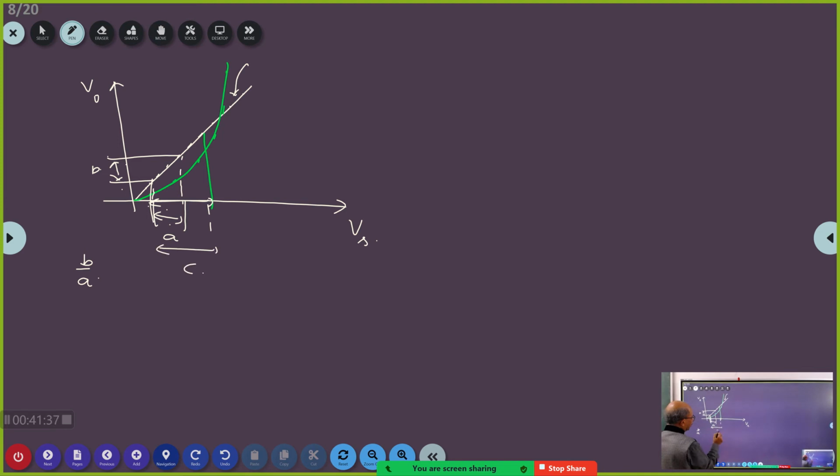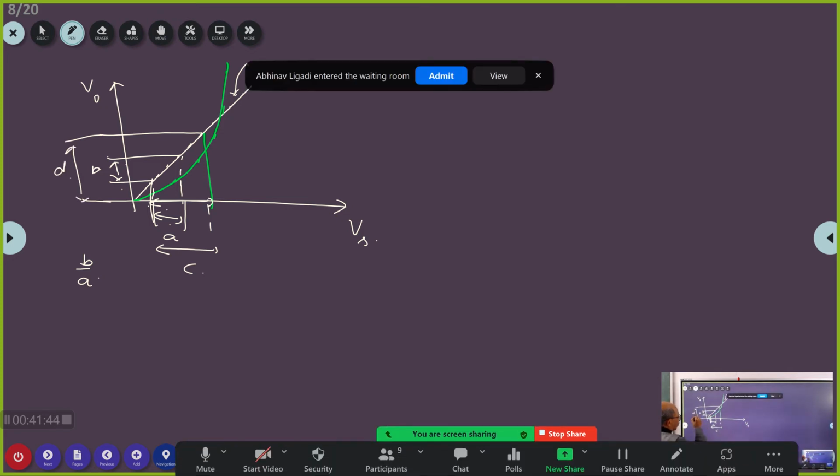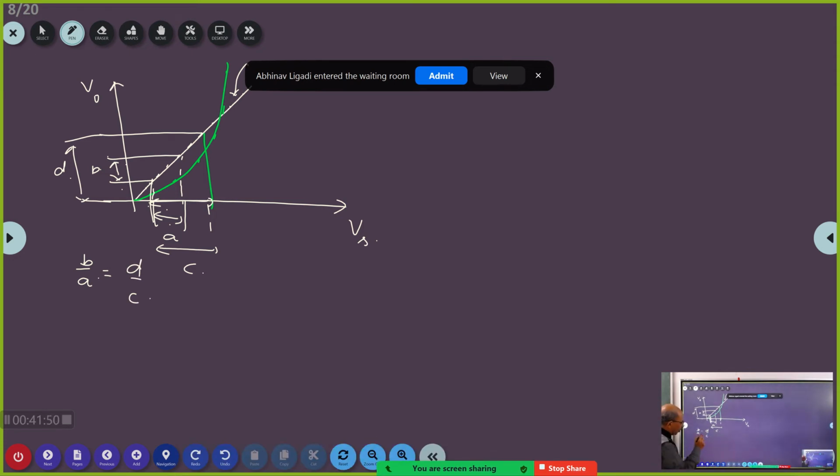This is now C, and the corresponding variation now is D. So now I will get the ratio D by C. So if B by A is equal to D by C, then if the shape of the signal is like this, the output shape will also be like this.